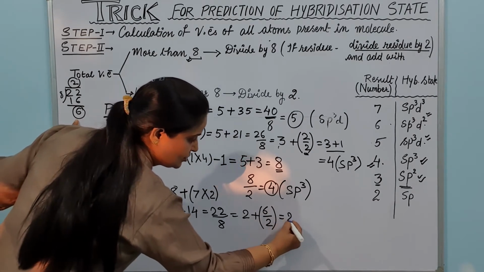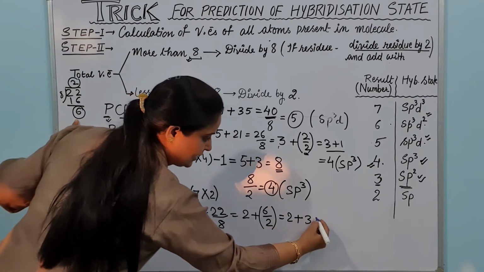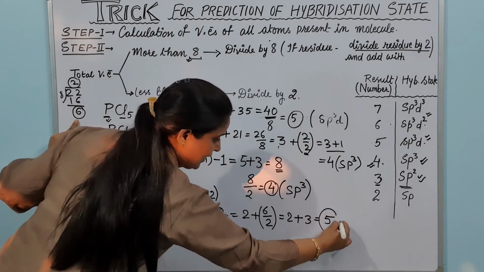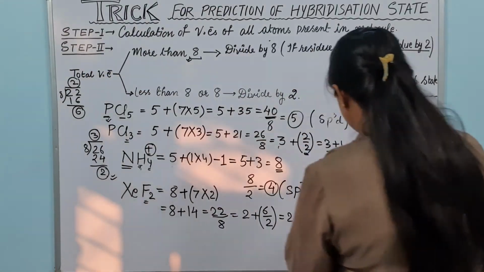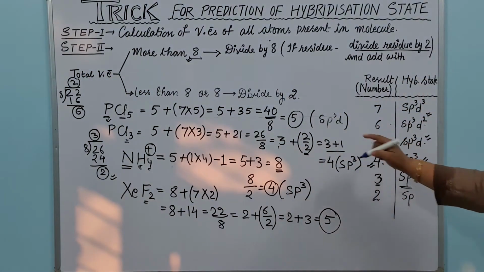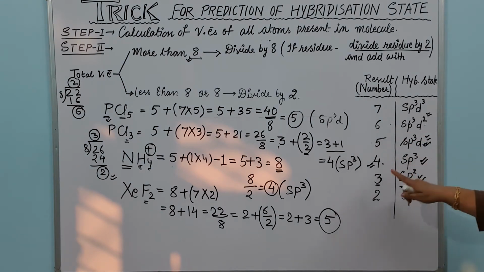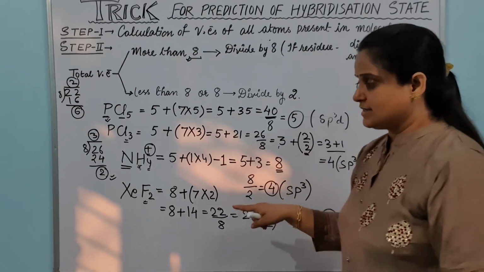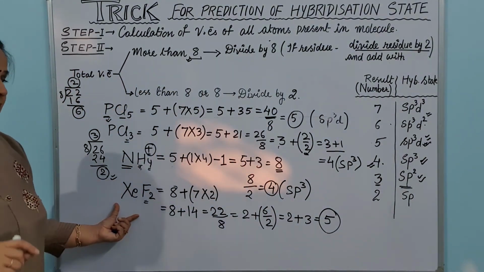So this becomes 2 plus 6 divided by 2, that is 3, and the answer is 5. Now this 5 is indicating that the hybridization state of the element in this molecule is sp3d. Means xenon in XeF2 is at the hybridization state sp3d.